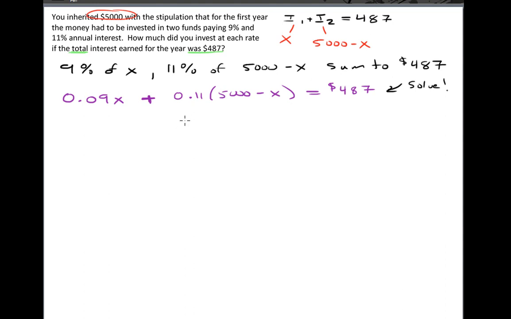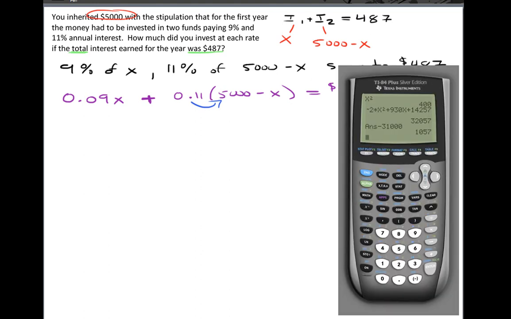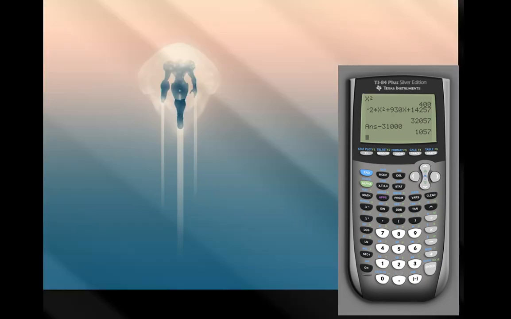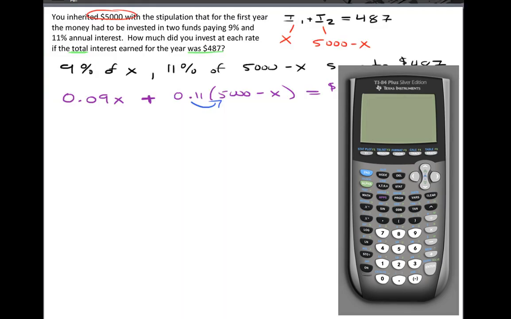Great, now we just have to solve this. So I'm going to start my solving by taking 11% and distributing it. Calculator, come to my aid. Let me make it visible. There we go. So let's turn on the calculator and let's get 0.11 times 5,000.